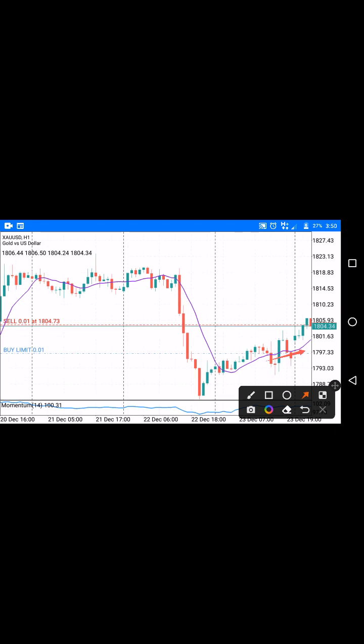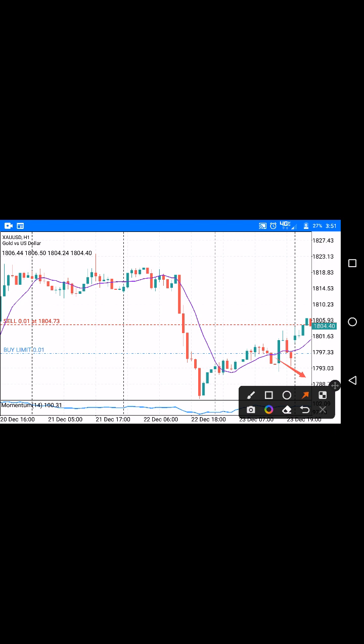So once it opens a trade and the market starts moving upwards, that becomes a profit for me. But if it turns out that the market price reaches my buy limit, where I said that it will reach, and the market is still dropping, that means I'm making a loss.